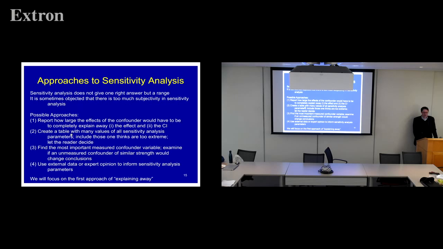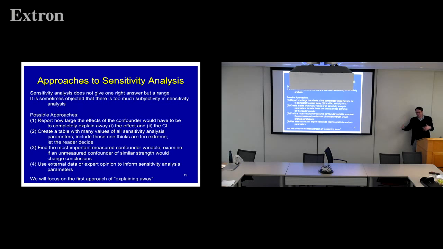A second approach, and this is what I had been previously advocating, which none of my epidemiology students seem to ever take up, would be to create a big table of values for the two or however many parameters you have, the effect of the unmeasured confounder on the outcome on one axis, the effect of the unmeasured confounder on the exposure on the other, and then a whole table of corrected estimates, and let the reader decide what they think is plausible.